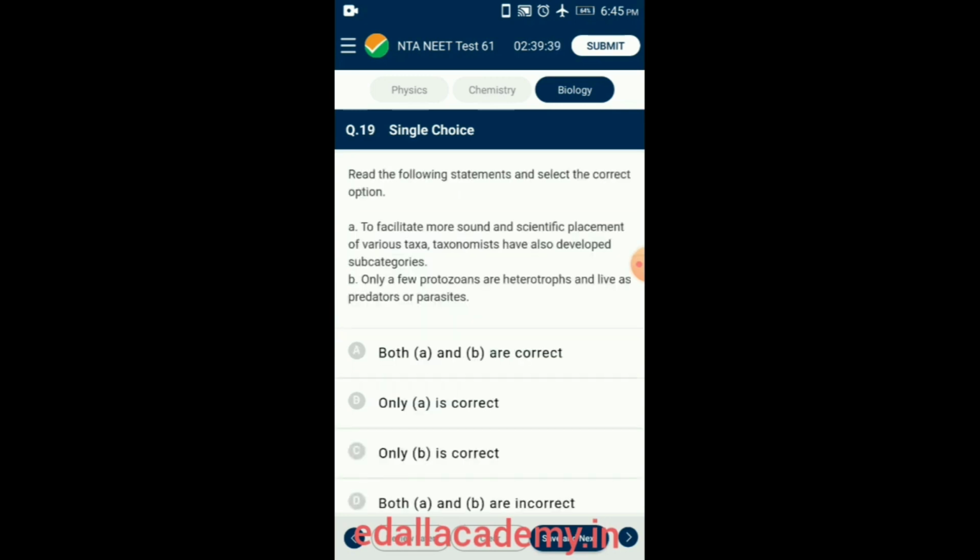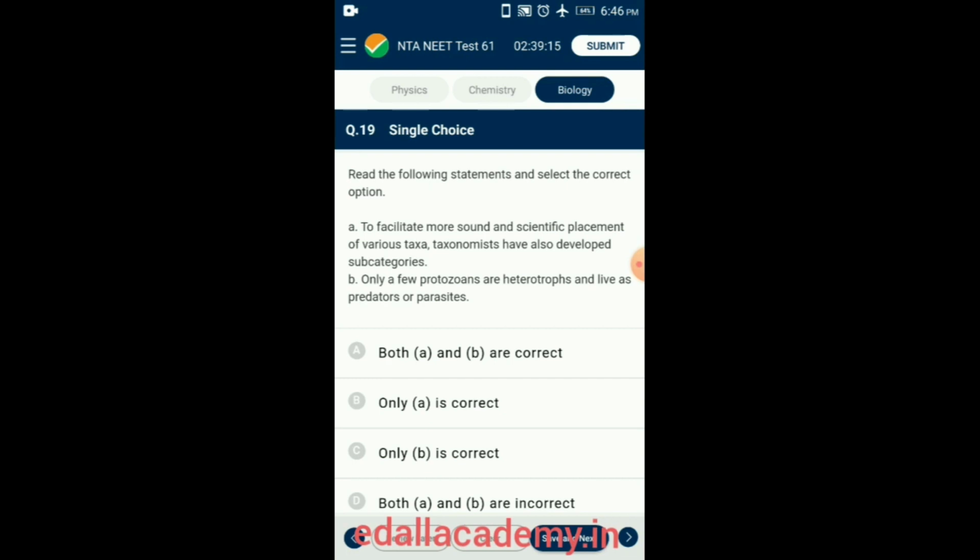Question number 19. Read the following statements and select the correct option. So here there are two statements given. Taxonomists have developed subcategories to make the taxonomic position of species more precise, and specific categories are added to this list.